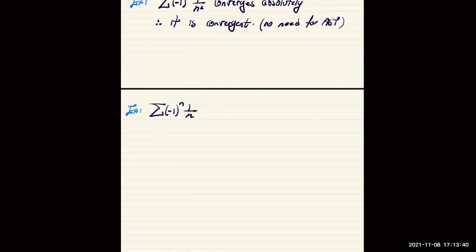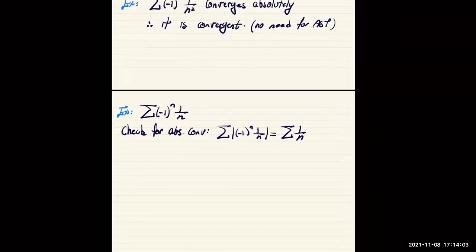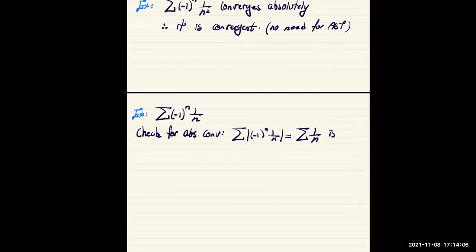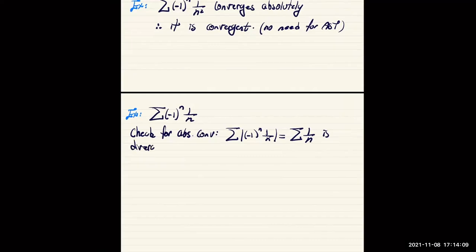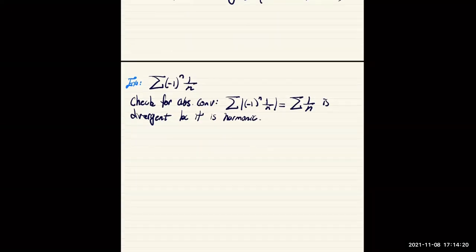But if you check for absolute convergence, just take the absolute value of the terms, and you get the harmonic series. It is divergent. So this series is not absolutely convergent.